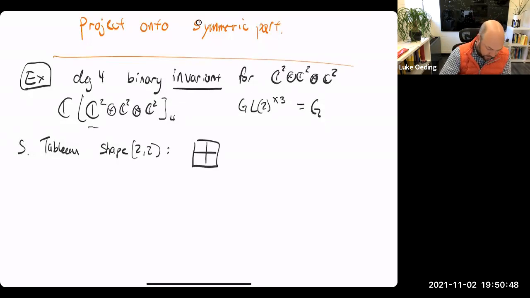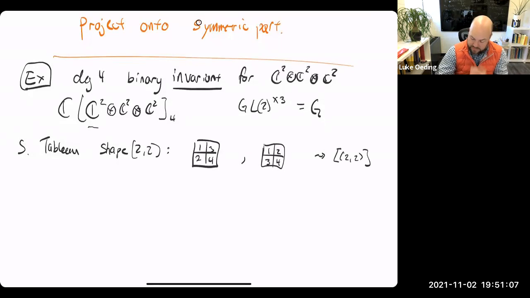So there's 2 of these, so 1, 2, 3, 4 like this, and 1, 2, 3, 4 like this. Those are the 2 standard tableau of that shape. So they form a basis of the representation of S4 like this.